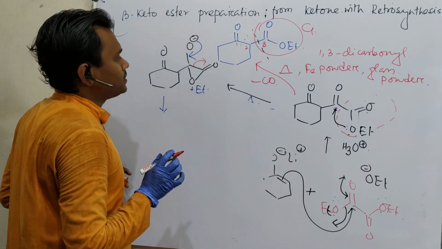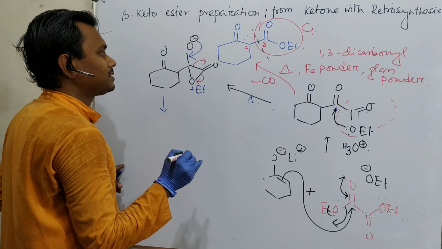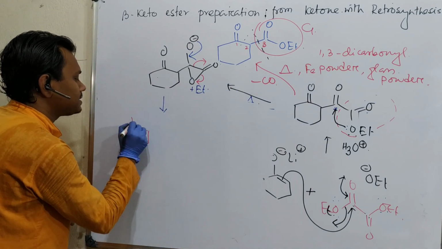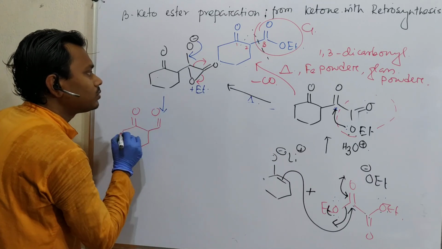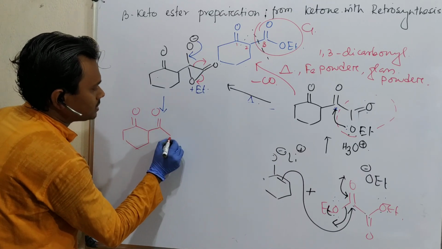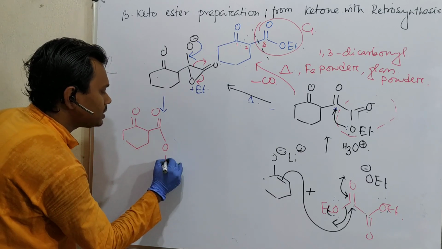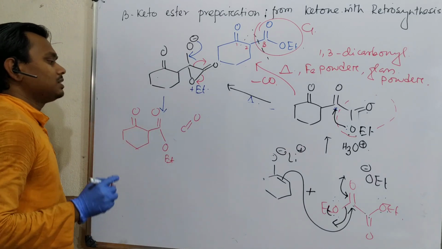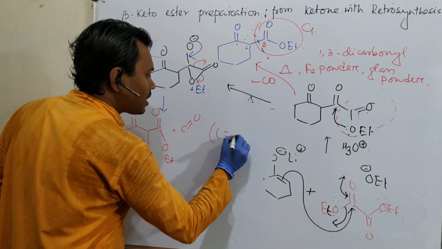Many people make mistakes here, and this will come here, and what will it result in? Just let me draw everything as it is. So this is double bond O, this OEt, and here double bond this. So this is nothing but carbon monoxide. This is equal to carbon monoxide.